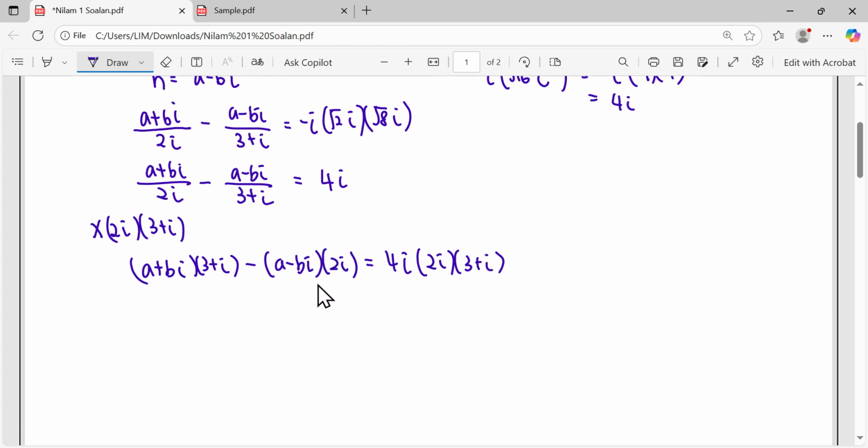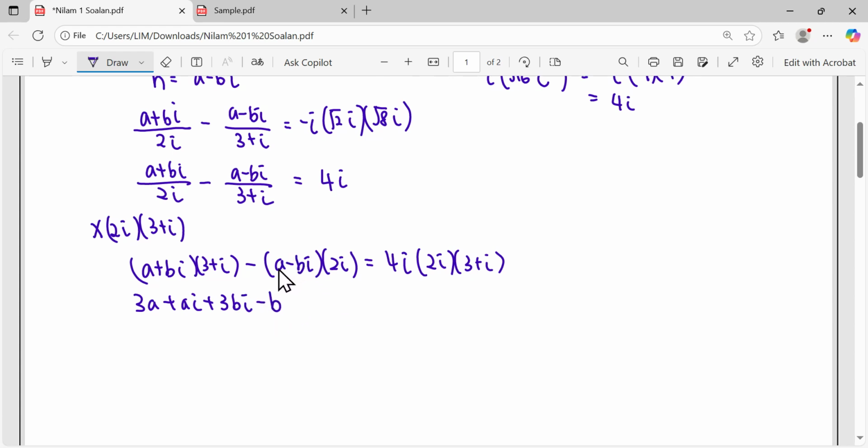For the left hand side, let us simplify it until standard form, meaning what is the real part and what is the imaginary part. We expand it: we get 3a, then ai, then 3bi, then bi squared. Since i squared equals -1, it becomes negative b.